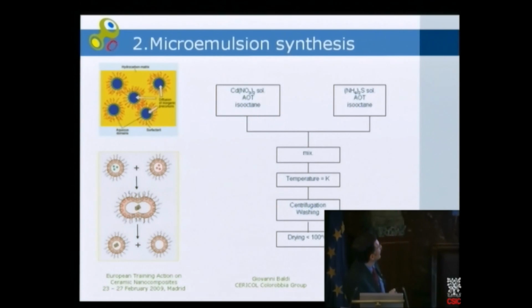So the micelles containing the two precursors can collapse together, and the final reaction to obtain the cadmium sulfide can occur.